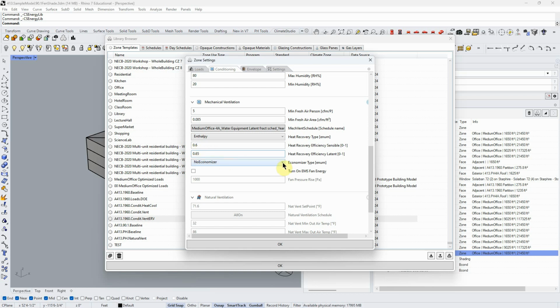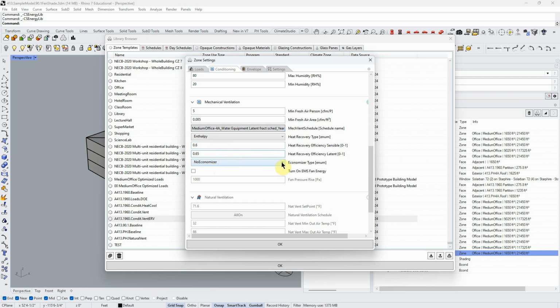I did not turn on an economizer. Economizer is an awesome thing. It's just a scheduling setting. When the outdoor air is at a temperature where you don't need heat recovery, then the heat recovery is turned off, and you're just bringing in fresh air. So if it's 68 degrees outside, but you still need fresh air, you can just turn off your ERV and get fresh air at the temperature you want.